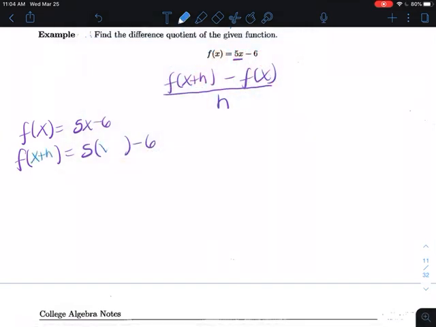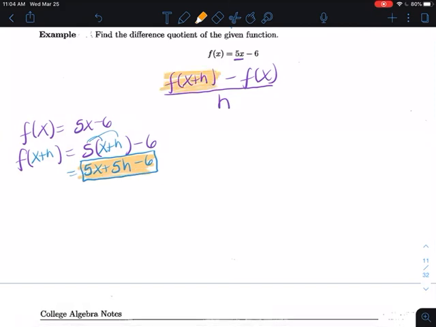So when I distribute this, I get 5x plus 5h minus 6. This stuff in blue, I'll highlight it using this color. This answer goes in place of the f of x plus h.